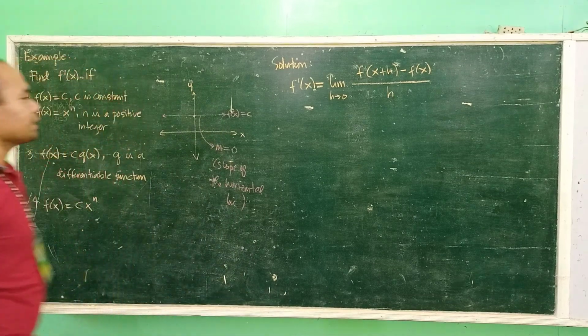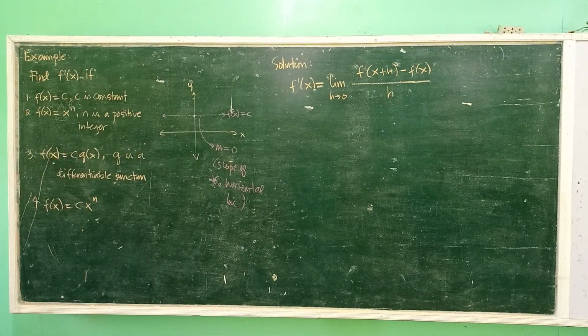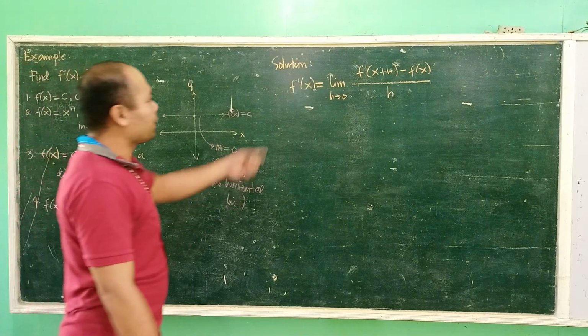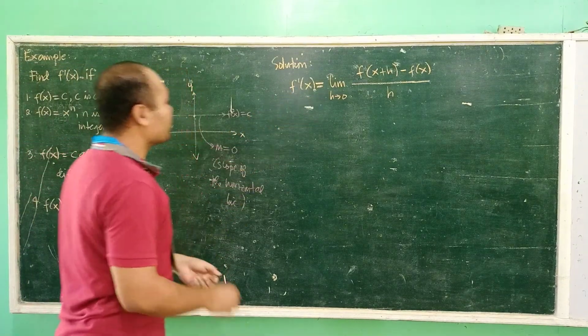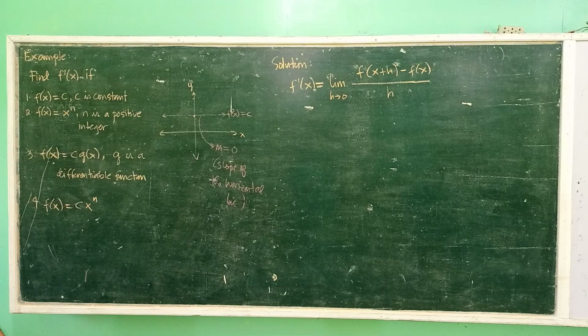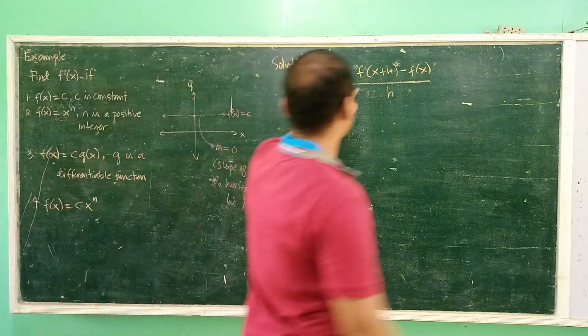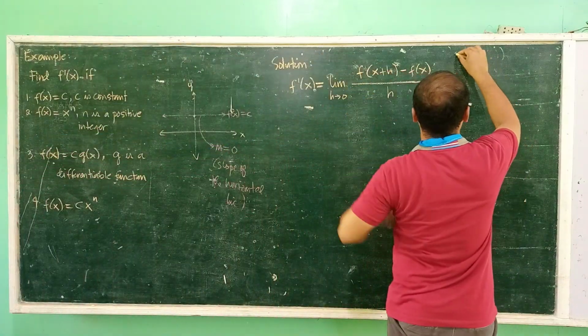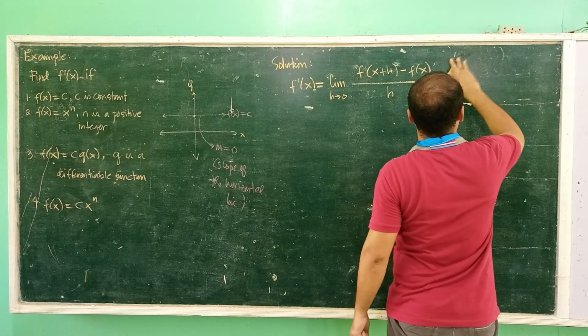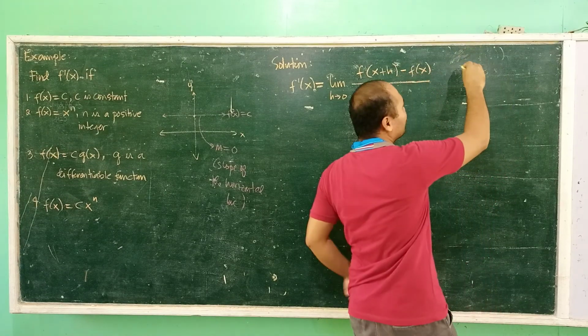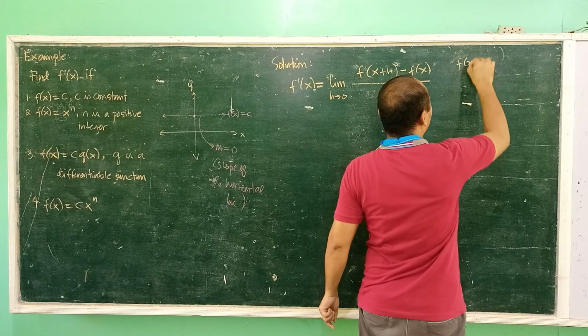This is how we define f prime of x, or the derivative of f at x. To make use of this formula, we need to find f of x plus h.